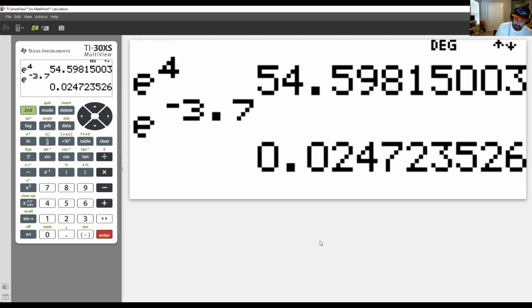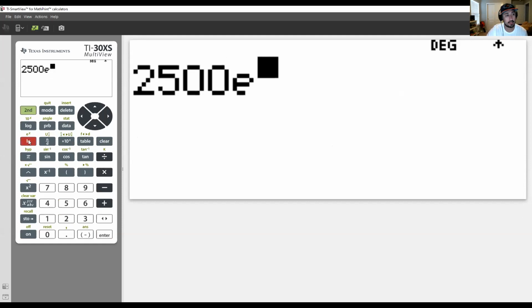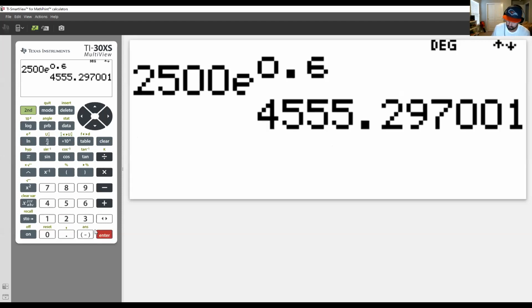To 3 decimal places, 0.025. And then, typing in the last one, you type it in just like you see it: 2,500, second, natural log, you get e to the 0.6. Like I said, type it in exactly how it's written on your paper. Enter.